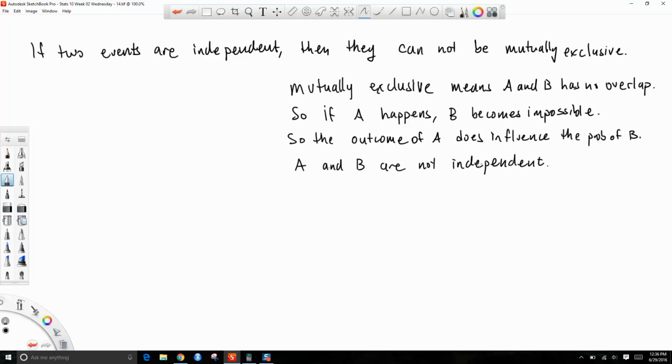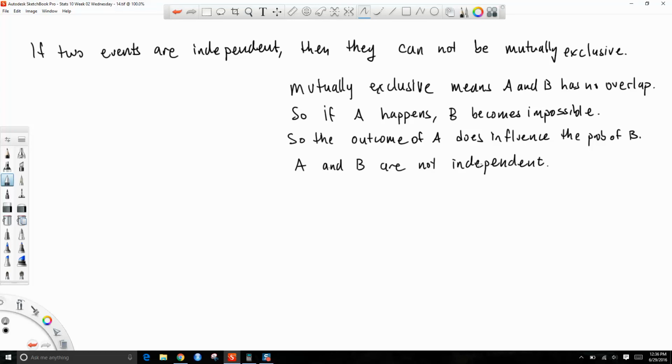Independent means that whether A has happened or not doesn't influence the probability of the other thing. So being an ace is independent of whether the card is a heart or not. If we draw a card at random, the probability that that card is an ace is 1 out of 13, because there are four aces in the deck.